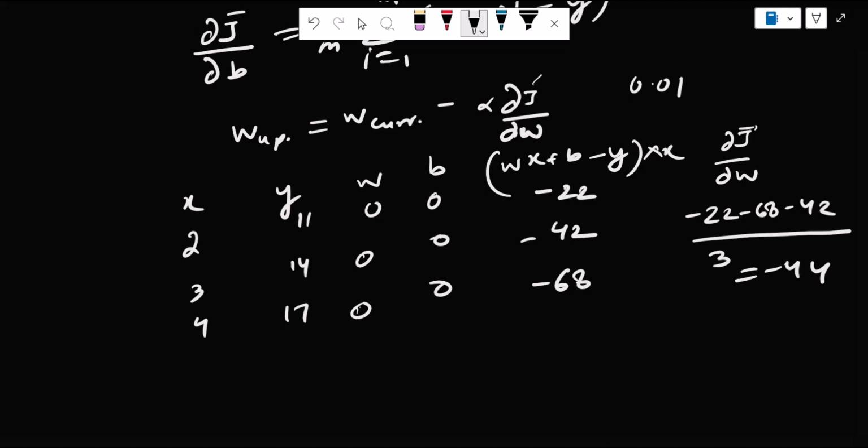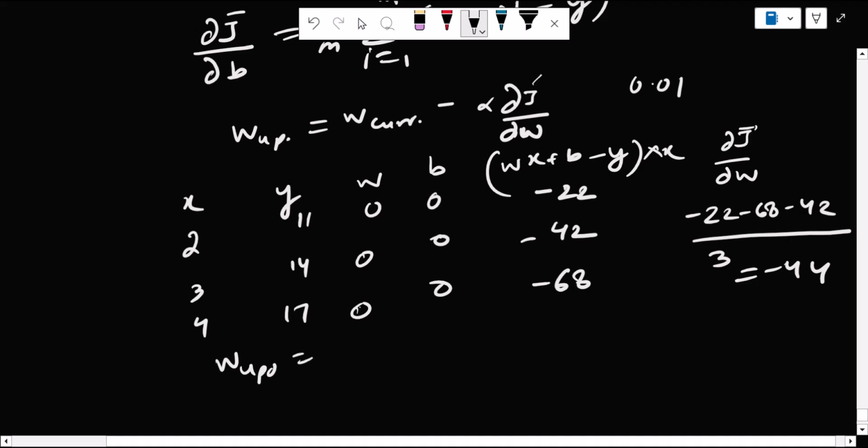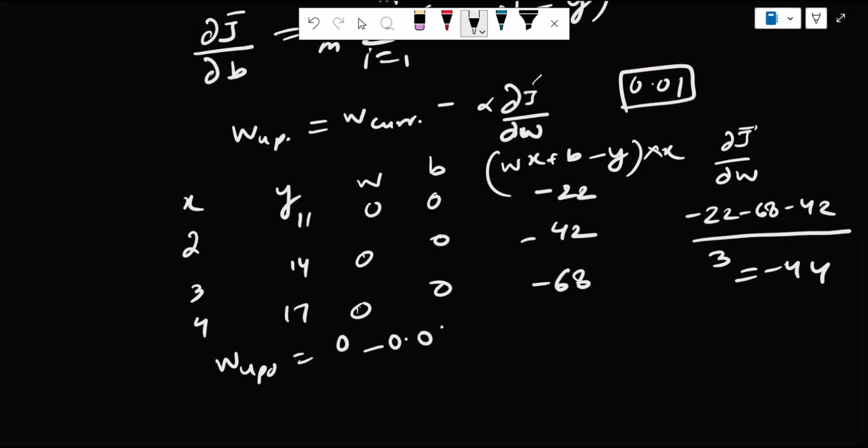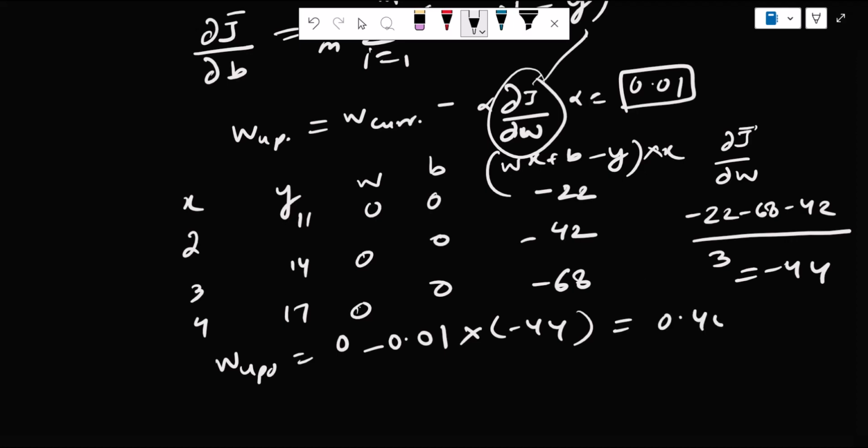Now we have to identify the new value of W. So W updated is equal to W current, which is 0, minus alpha, the learning rate we have taken as 0.01, into minus 44, which is the value of dJ/dW, the rate of change of the cost function with respect to W. And we get the new value of W updated, which is equal to 0.44.